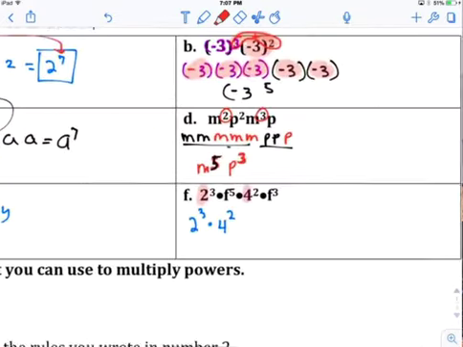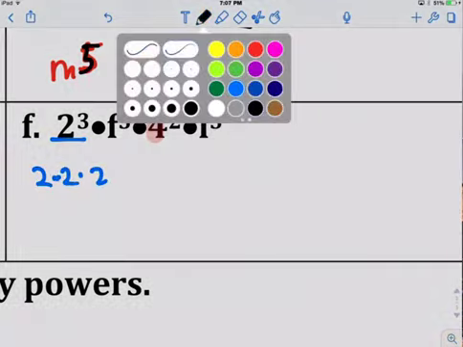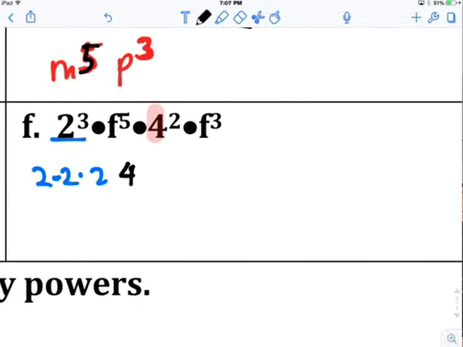Here it's 2 times 2 times 2, and here is 4 times 4. They're not the same. You can't say 2 to the 5th, there's no 2 5s. So you say 2 to the 3rd, 4 to the 2nd. You can't add them together in any way.